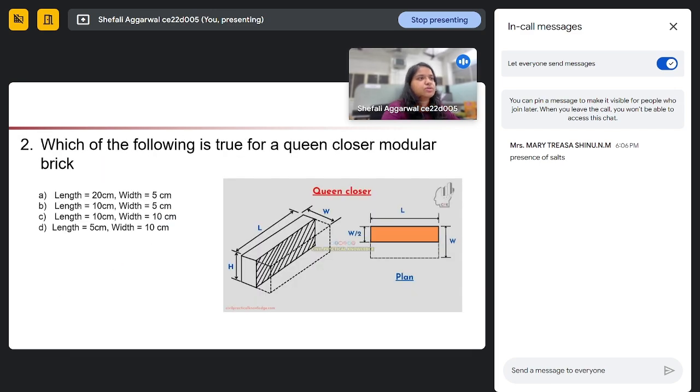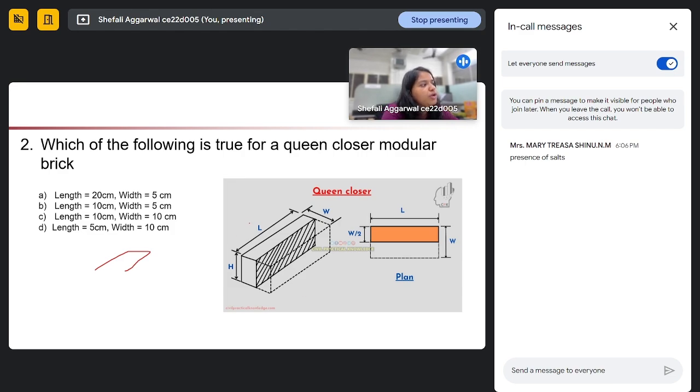Okay, so the second question is: which of the following is true for the king closer modular brick? First, what is the dimension of a modular brick normally? We'll see this example only.